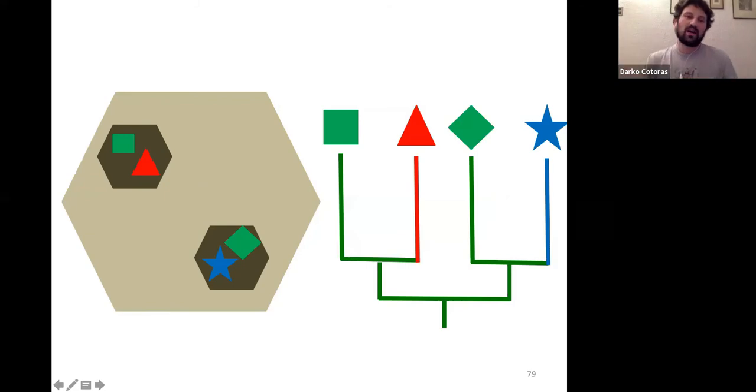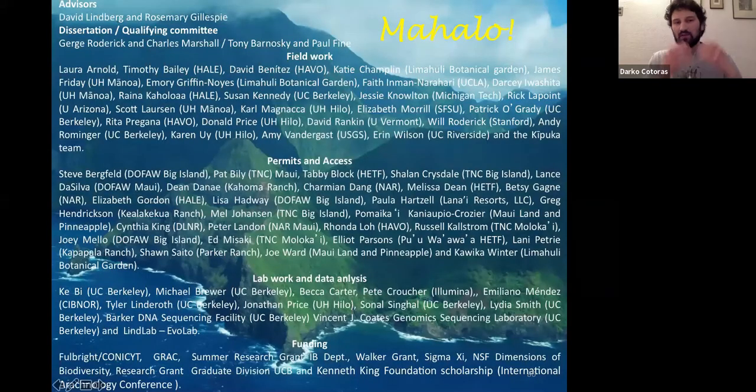So with all of that, I just want to finish saying mahalo. Thank you very much to so many people who supported this work, starting with my PhD advisors, David Limber and Rosemary Gillespie, many people in the field helping me, giving me rides to different places, teaching me about Hawaiian biodiversity, many of the permitting agencies that are protecting the land and allow research.